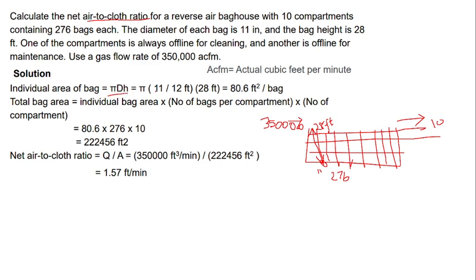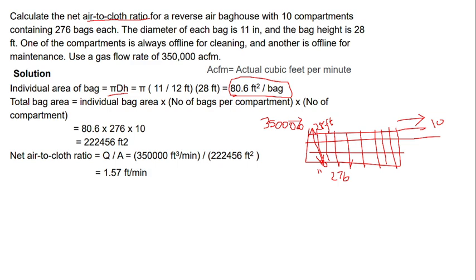Pi is constant, d is the diameter, which is 11 inches. We convert inches to feet by dividing by 12, since 1 foot is equal to 12 inches. So 11 divided by 12 feet into h. The height of the bag is 28 feet. If you multiply this, you will obtain the individual area as 80.6 square feet per bag. This is for a single bag.